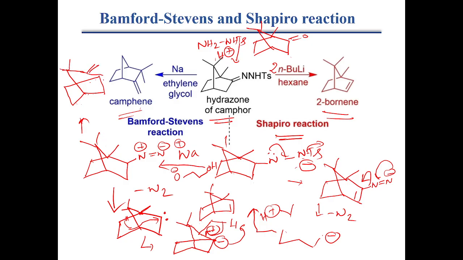This is the two methyl. Now, if we flip the structure, it will form like this. So this is the difference between Bamford and Shapiro reaction.